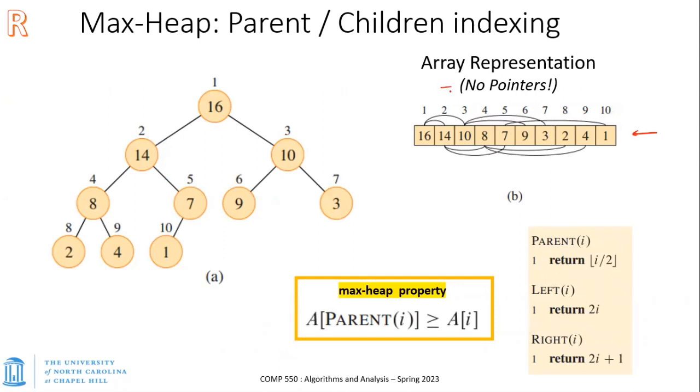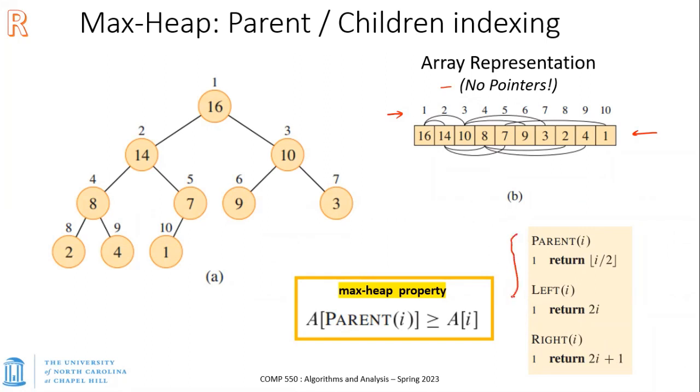And of course, you don't need pointers. It essentially is very compact, and all you use are indices. And the indices, as we saw in the last lecture, have these nice properties that you can get to the parent, get to the child, and so on, using the following functions.